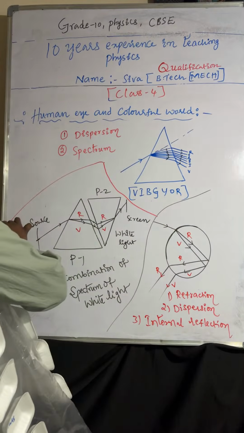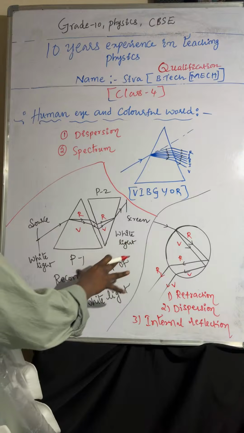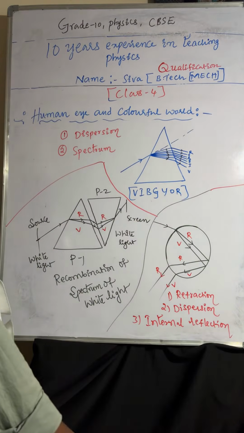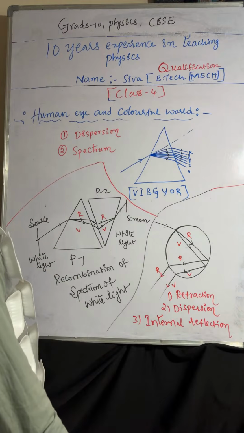So this portion is recombination of spectrum of white light. This portion is splitting of white light into 7 colors when it passes through the prism.